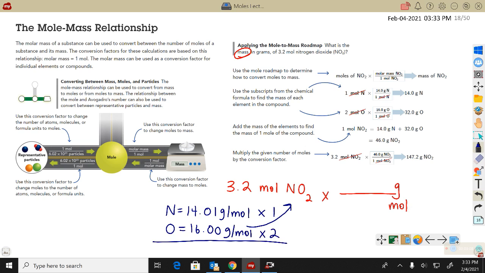So I plug this in my calculator. I need to add it up. Not a hard calculation, right? 14.01 plus 2 times the oxygen gives me, what do you know, 46.01. Now that's grams per mole for the entire compound, NO2.